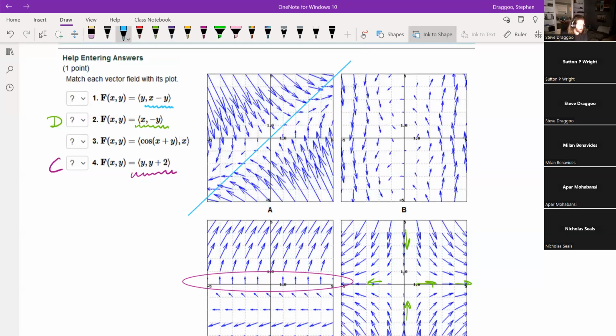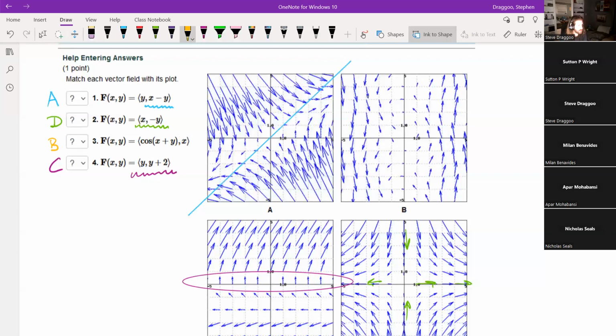So I think that option A is a good one for number one, because again, I see that y equals x line show up inside my vector field. And then process of elimination tells me the last one has got to be B.